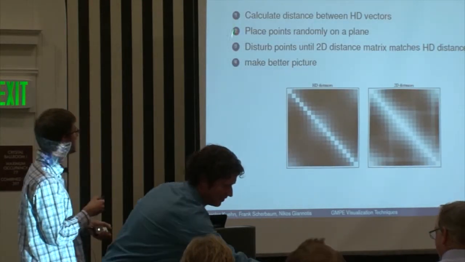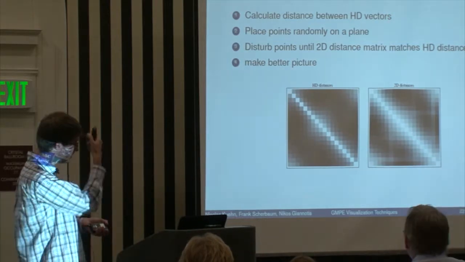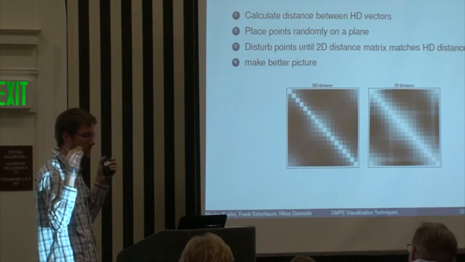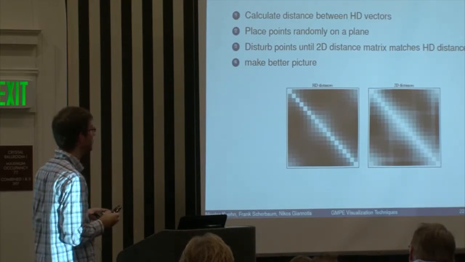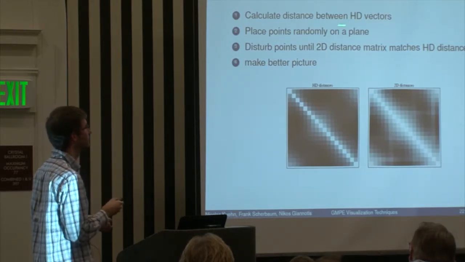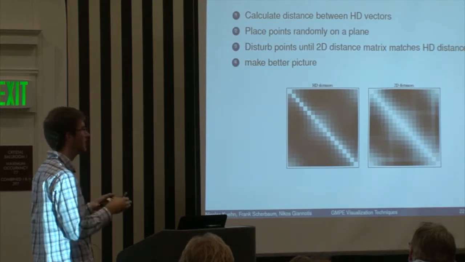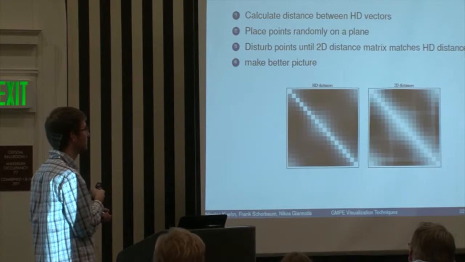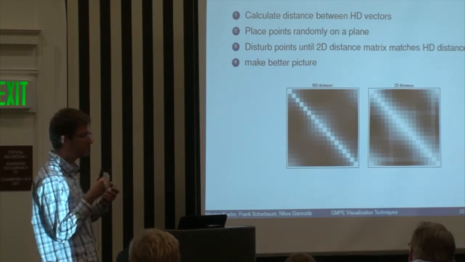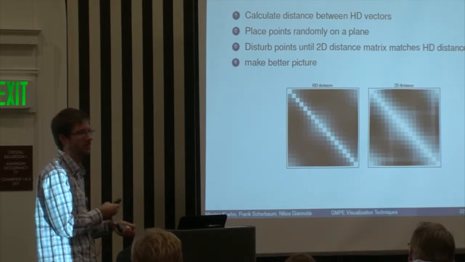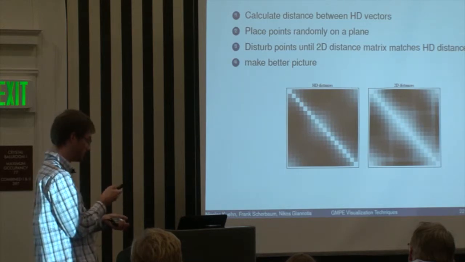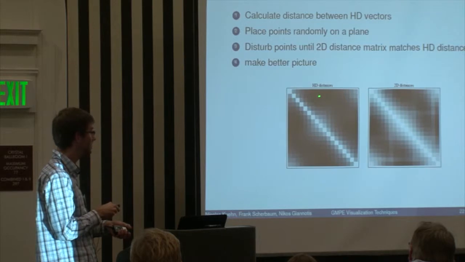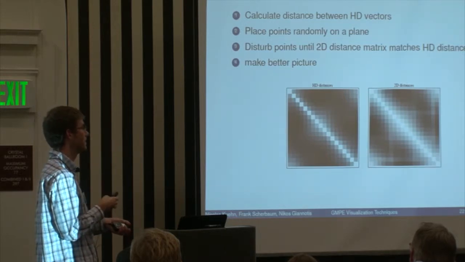Sammon maps work a little bit differently. Basically, you calculate the distance between your high-dimensional vectors, then you place some points randomly on the plane, and then you perturb those points on this plane as long as the 2D distances match the HD distances. What is shown here is the high-dimensional distances between the images.